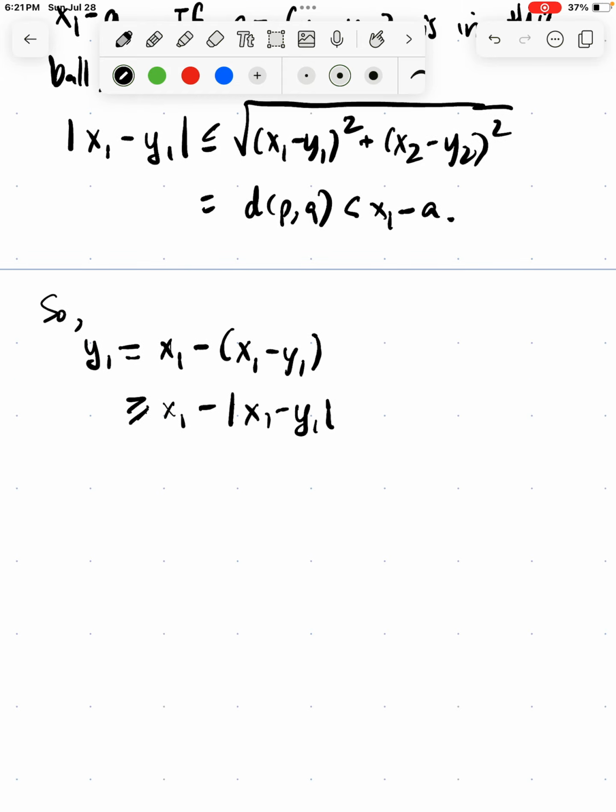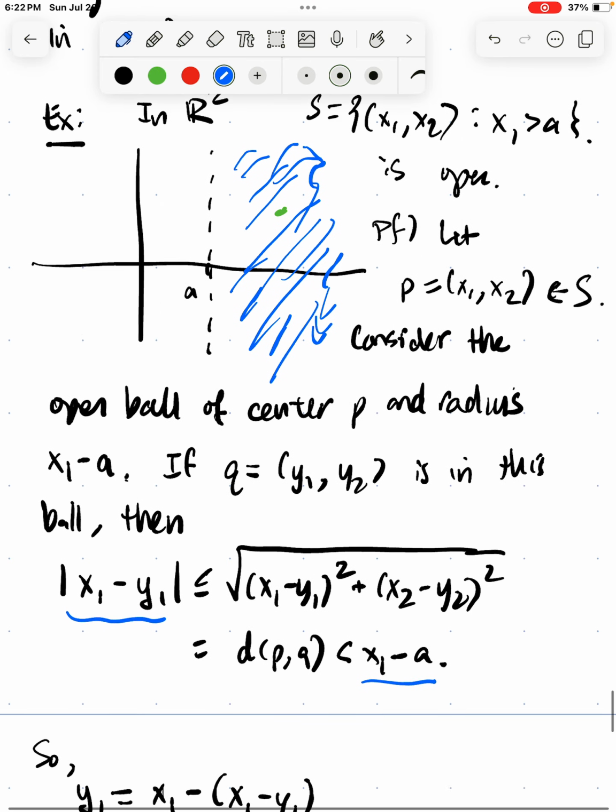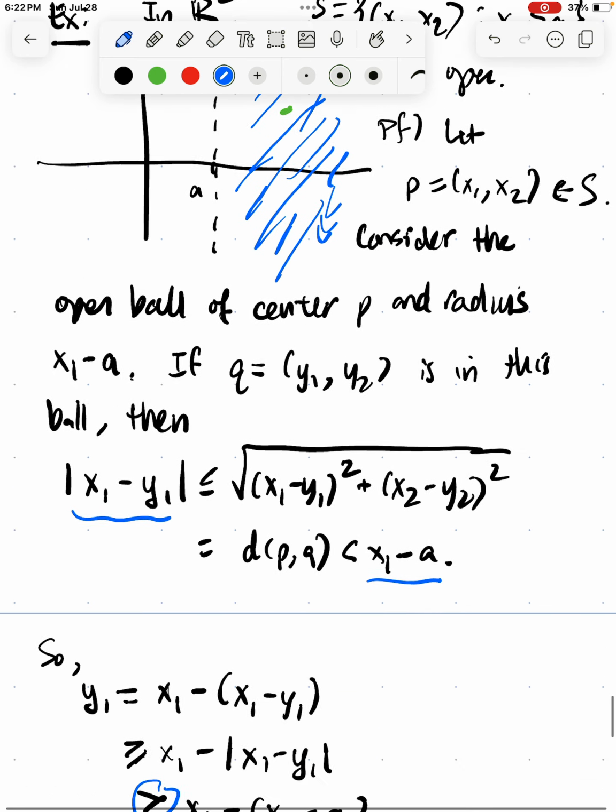Now we use the fact that this is strictly less than x1 minus A, so therefore this quantity is greater than x1 minus the quantity x1 minus A, which is equal to A. And so we showed that y1 is greater than A. And therefore, Q is in the set S. And so therefore, S is open.